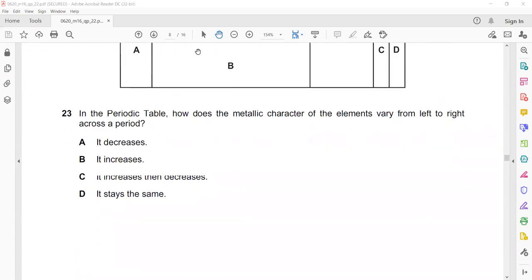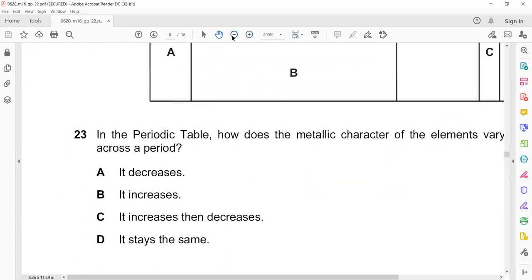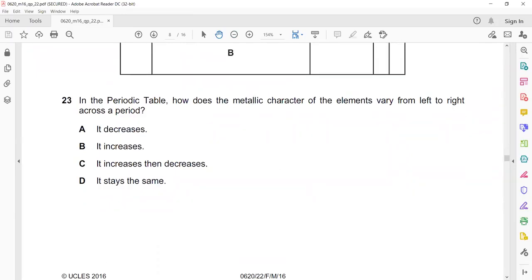Question 23. This is related to the periodic table.